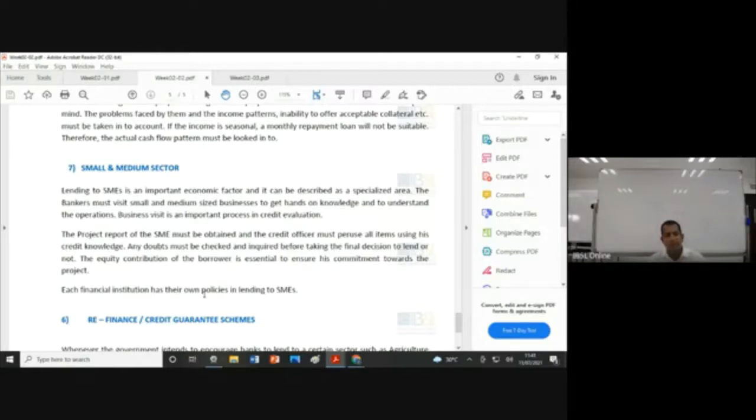Your logical thinking is the most important thing in lending to SMEs. You just can't look at the P&L and balance sheet and lend. A project visit is a very, very critical function in SME lending.